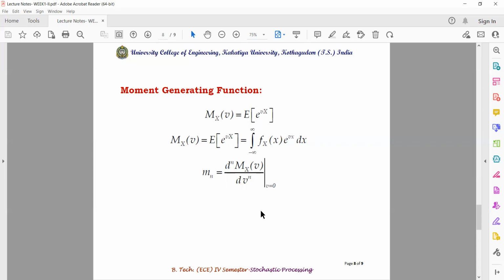If you want the first order moment about origin, m1 is equal to dMx of v by dv. After performing the differentiation with reference to v, substituting v is equal to 0 gives the mean, the first order moment about origin of the random variable x of t. Likewise, m1, m2, m3 and so on up to mn can be generated from the moment generating function.